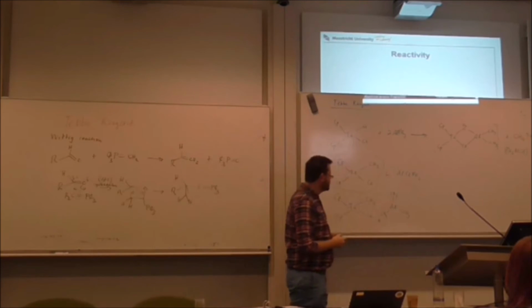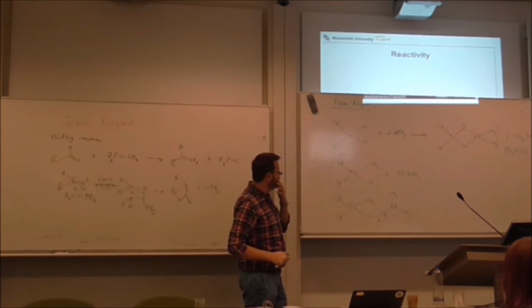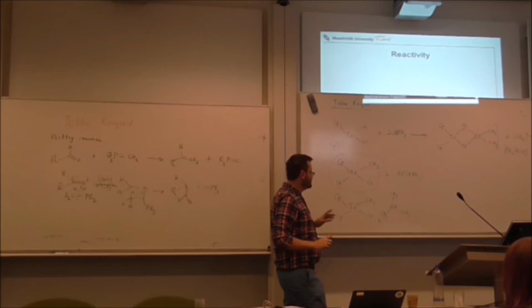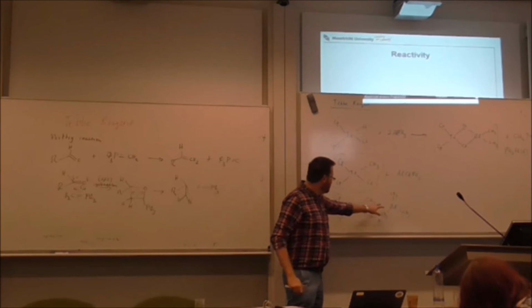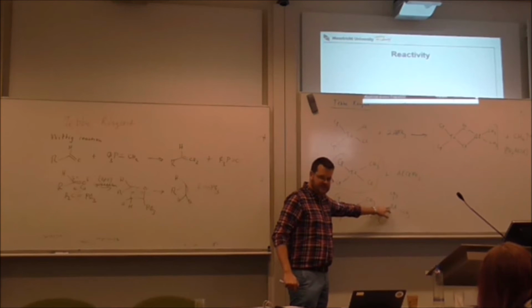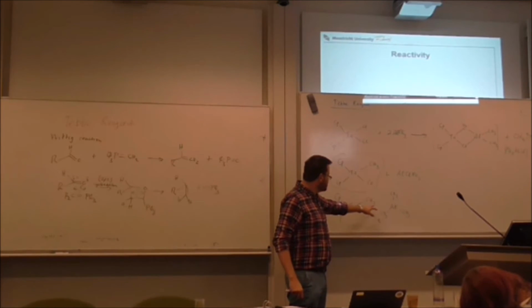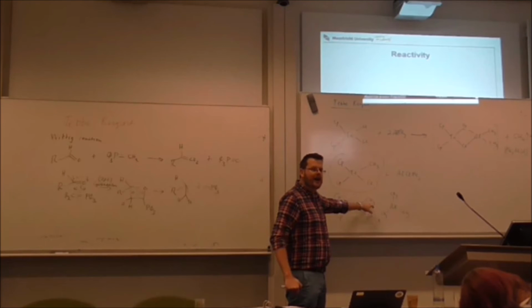And this was actually quite an interesting reaction. What actually happens here, it's a little bit difficult to visualize, but this is Lewis acidic. This is Lewis acidic again. And what it does is it actually pulls off the hydrogen on this methyl group.